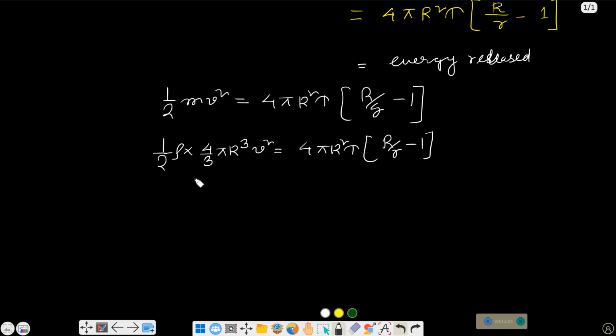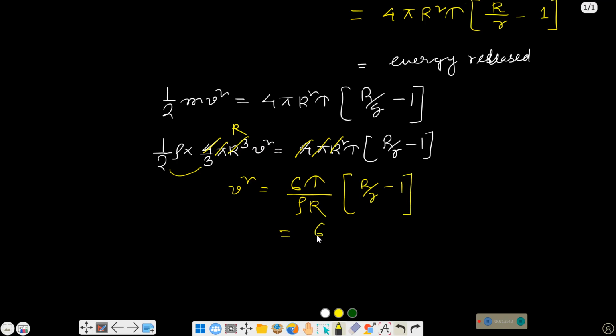Okay. Then from this, 4 will get cancelled. Pi will get cancelled. This capital R square and this capital R cube, there will be capital R left behind. So v square will be equal to 6T by rho into capital R by small r minus 1.